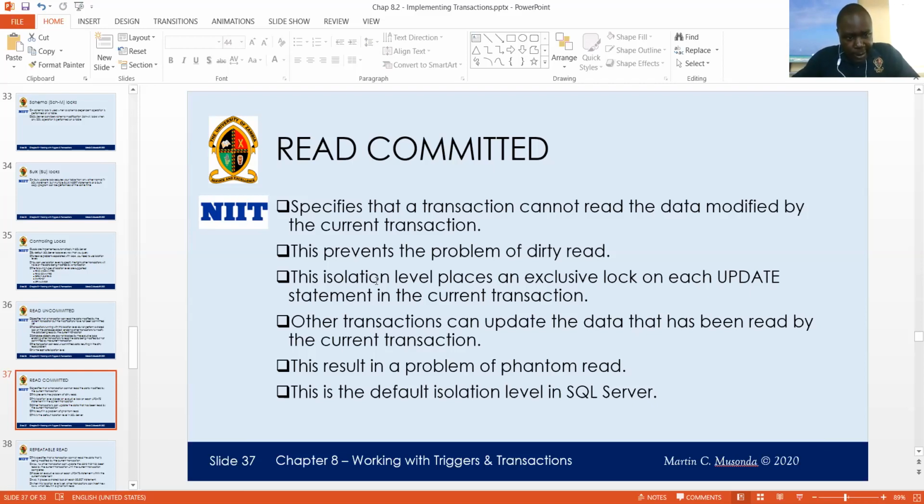Okay. So Microsoft tries to find a good compromise. So the default isolation mode is read committed. It doesn't completely remove any access to the data, but it restricts.